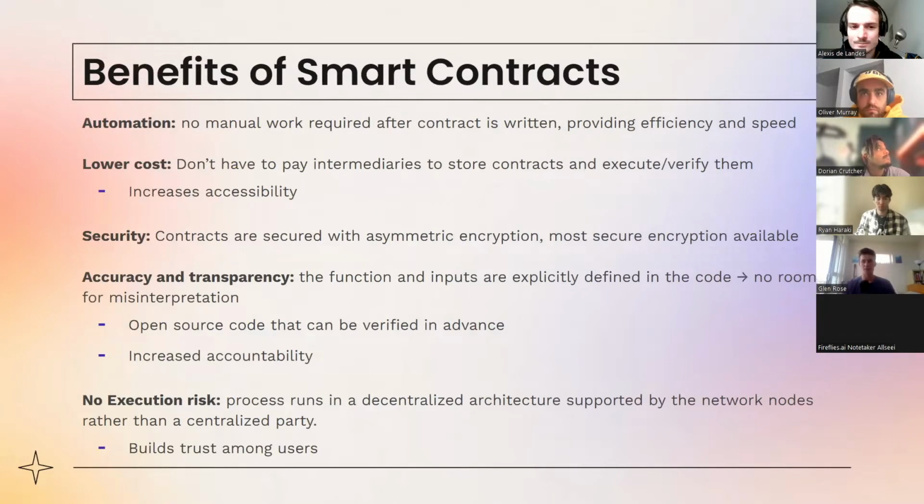Like everything in life, there is an inherent pro and con to smart contracts. Some of the big benefits that smart contracts provide is automation, which inherently gives lower cost. Since after the contract is written, there's no manual work required, there's no storage, there's no intermediaries to verify the contract, they self-execute once these conditions are met.